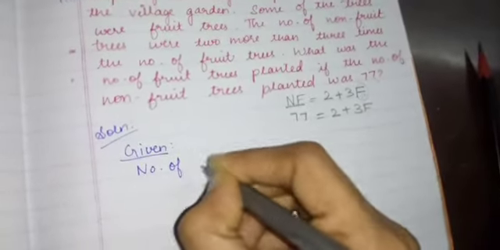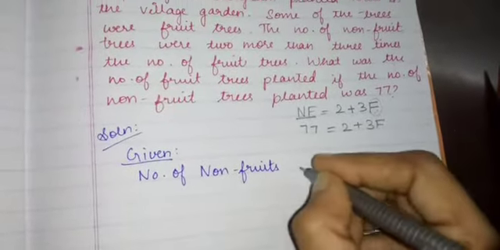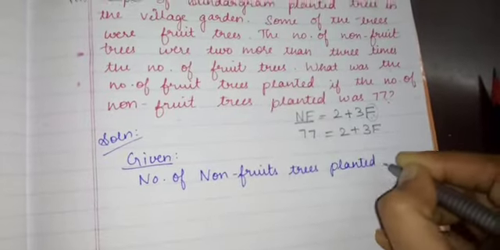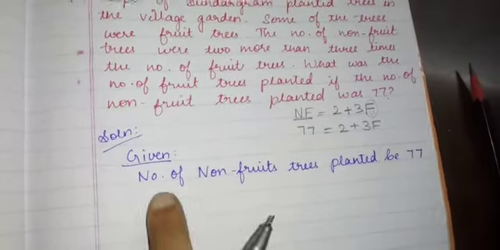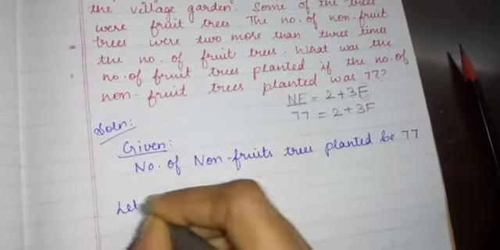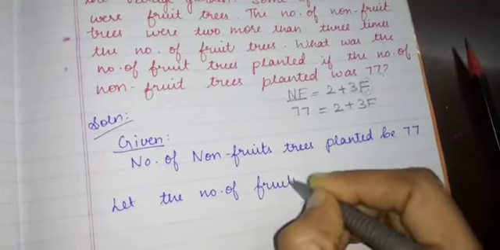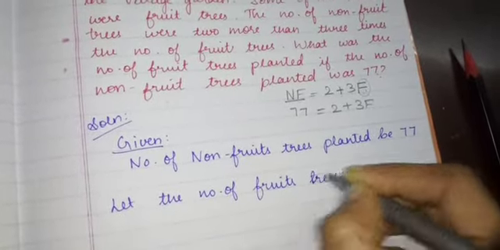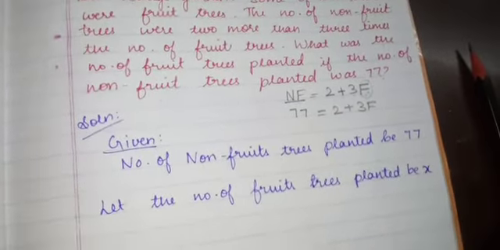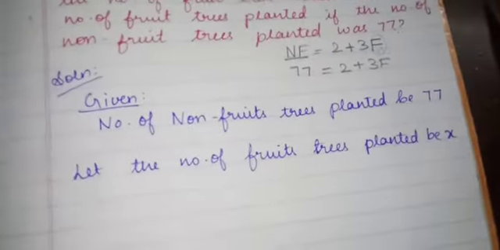Number of non-fruit trees planted be 77. The number of non-fruit trees is 77. Okay. Let the number of fruit trees planted be x. I am going to take the number of fruit trees planted as x. Okay, I have taken it as x.